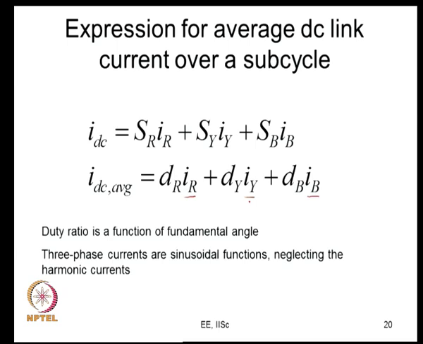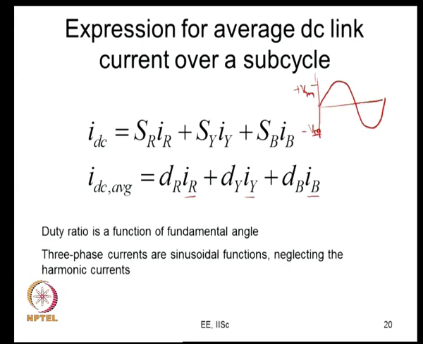So, for example, if I am looking at sinusoidal PWM and I want to write my dR, how is it going to be? The modulating signal is going to vary like this, from plus Vm to minus Vm. So, what happens to the duty ratio?